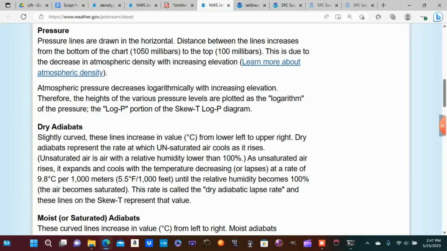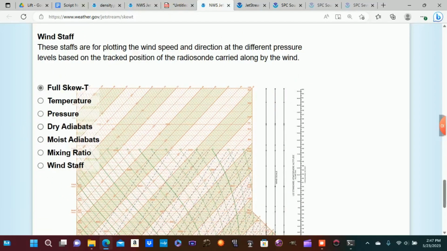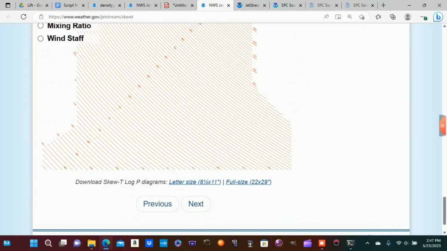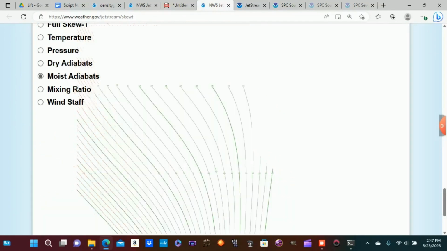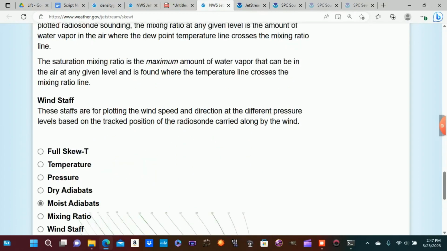The dry adiabat is about 9.8 degrees Celsius per kilometer, and those are shown here on a Skew-T. They go from the bottom right-hand corner of the Skew-T and they go up to the top left. And the moist adiabats cool at a rate of 6 degrees Celsius per kilometer.